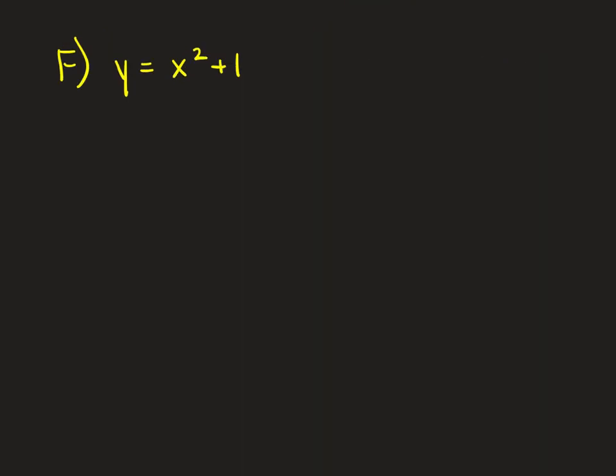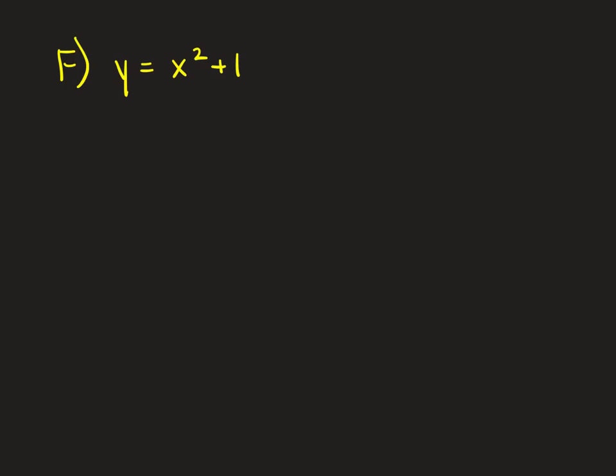Okay, our last problem, we're given an equation again, y equals x squared plus 1. Now we're not familiar with how to graph this equation, but we do know that we can take any equation and create a table of values to see what it might look like on a graph. So I'm going to create a table of values.